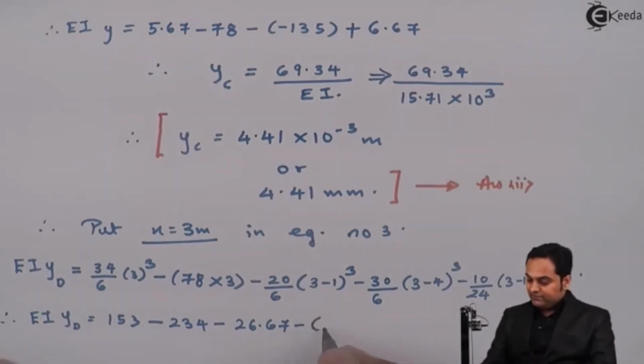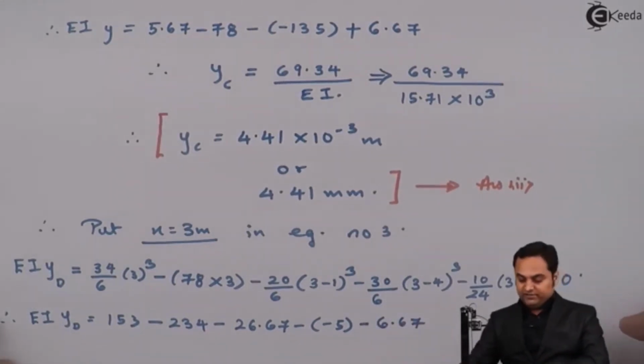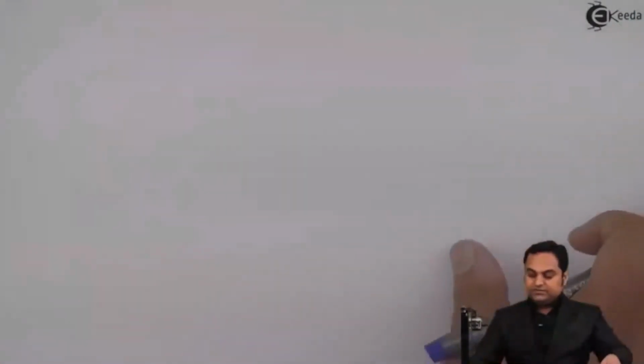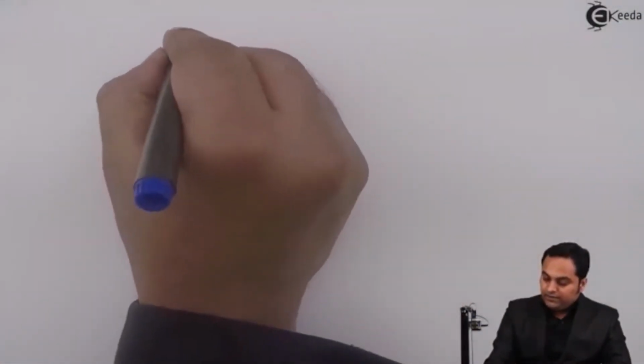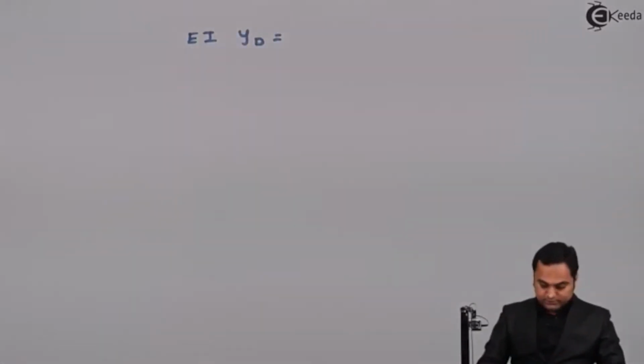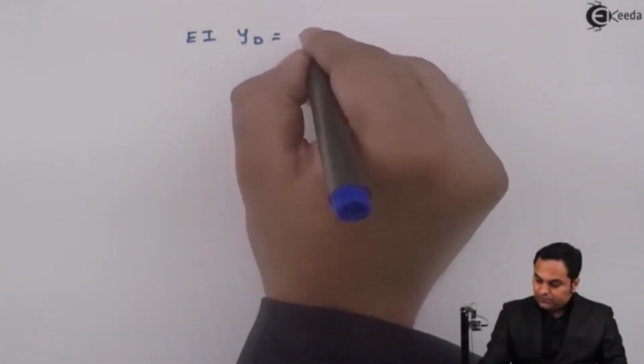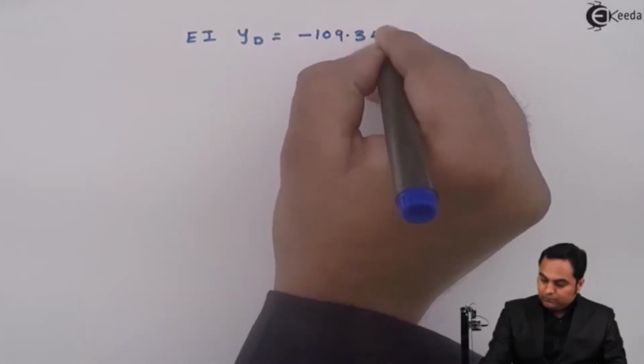So that is minus 5. Then minus 3 minus 1 raised to the power 4, that is 2 raised to power 4, into 10 divided by 24. So that is 6.67. Now on simplifying this, I'll get the answer as EI y suffix d is equal to, it comes out to be minus 109.34.